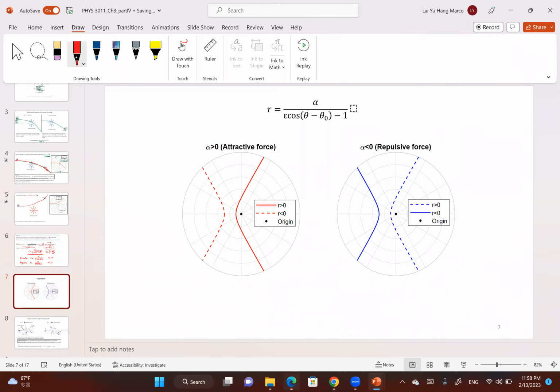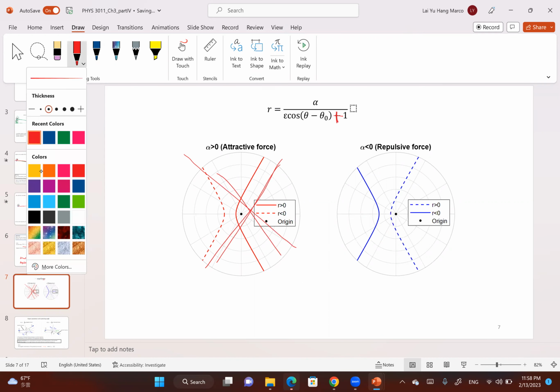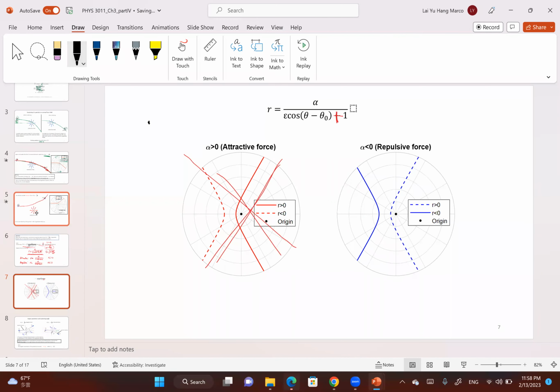First of all, please note that in this slide there's a mistake. First, this is the plus sign. And also, the orientation of this plot is wrong. So let me simply redraw the plot over here. It should look like this.